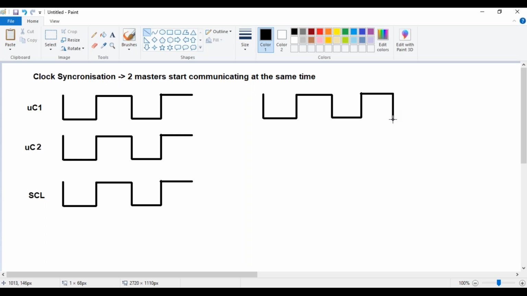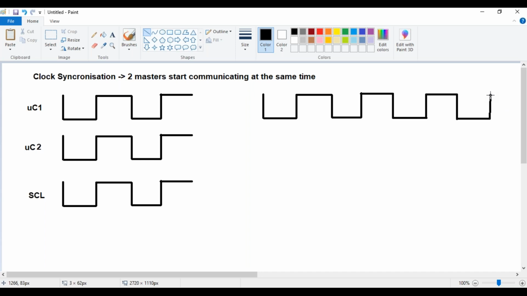This is the clock pulse of the first microcontroller.